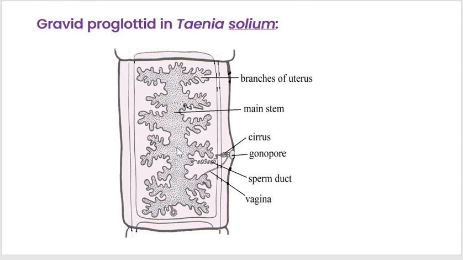Now after the formation of the full gravid proglottid, it gets detached from the body of the entire strobila, or entire tapeworm. And here you can see the number of eggs, near about 4 to 5 lakh eggs, present in this uterus.